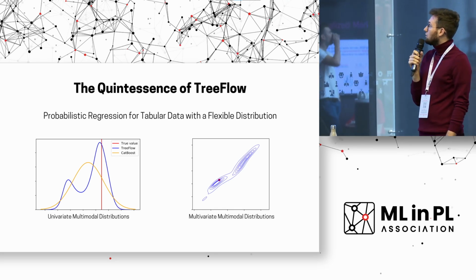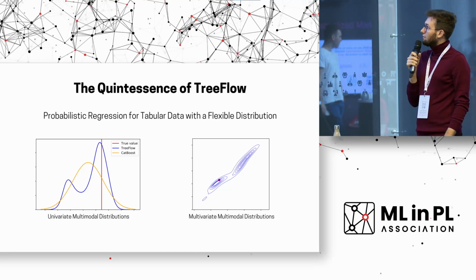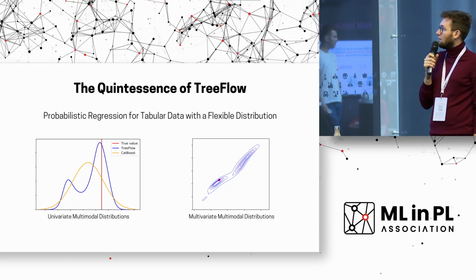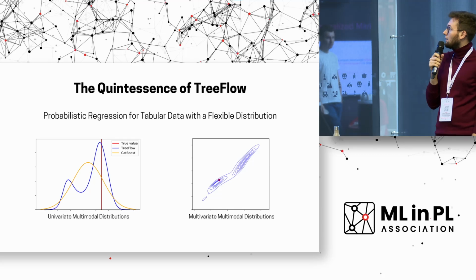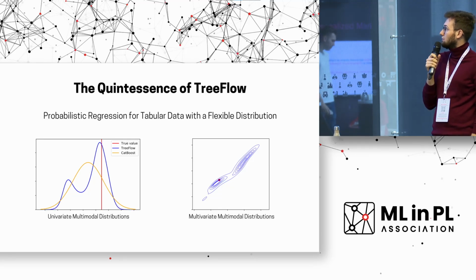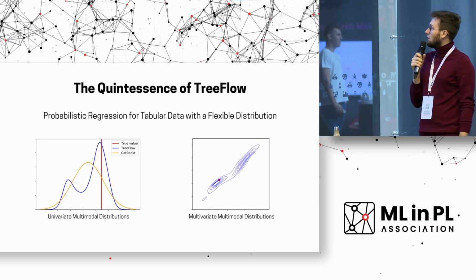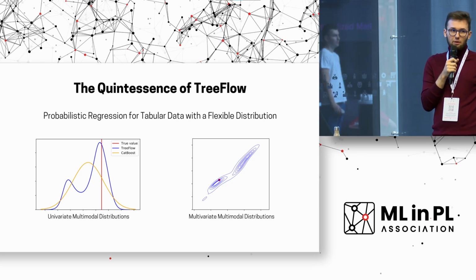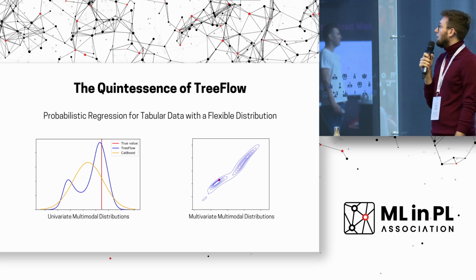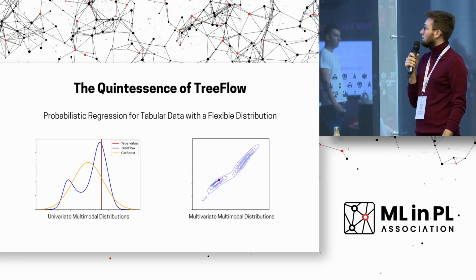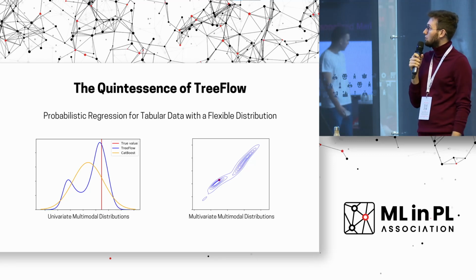We can observe that TreeFlow, marked in blue, can find bimodality in the distribution, compared to CatBoost, which can model it only by a Gaussian. And when we go to the multivariate setup, so we have more dimensions in the target distribution, it can also find multimodalities, and we see that this distribution is quite complex.